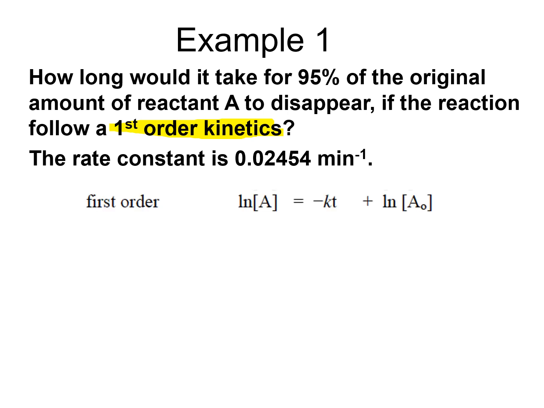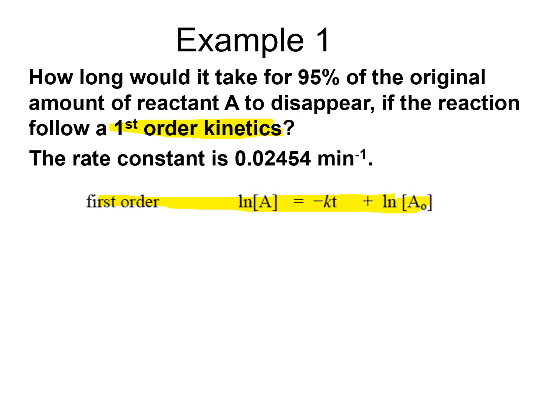Even in the ACS final, the equations are given, so you don't have to memorize them. They may be given explicitly, like say zero order is so and so, first order is this, and second order is that. Or sometimes you may not have the indication of which one is zero, which one is first, and which one is second, but they're given in order, so it's relatively easy to identify them.